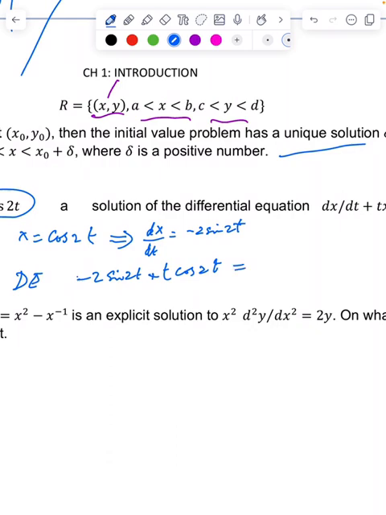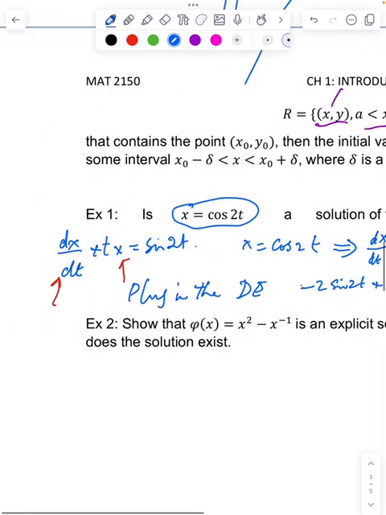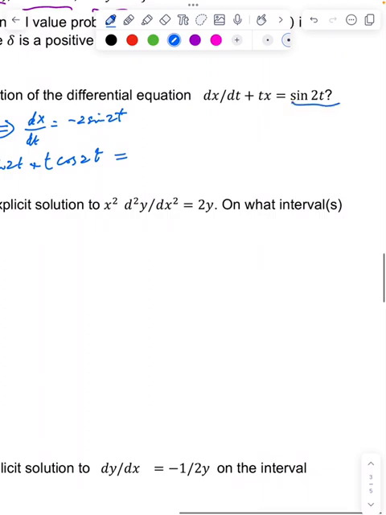And on the right hand side, I have sine of 2t, whatever is on the right side of the differential equation here.